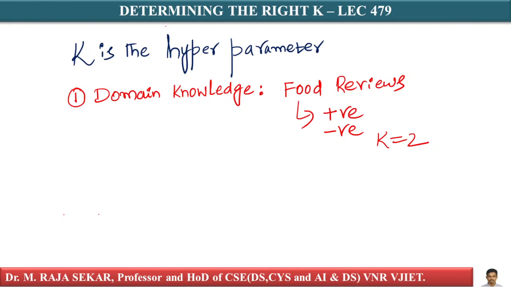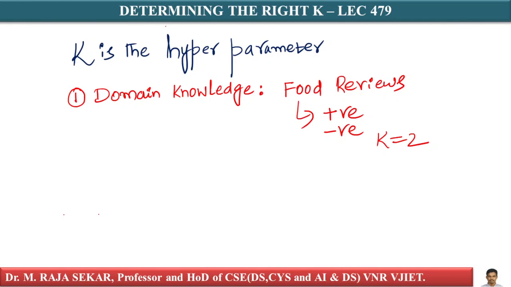So, in some cases, you know from domain knowledge that there are exactly 2 clusters or 3 clusters or 4 clusters. In such a case, using the domain knowledge is the appropriate way.